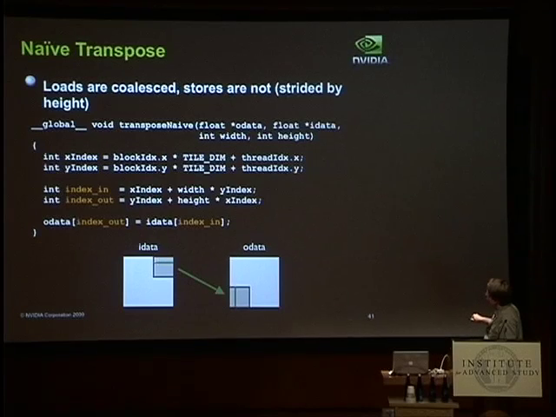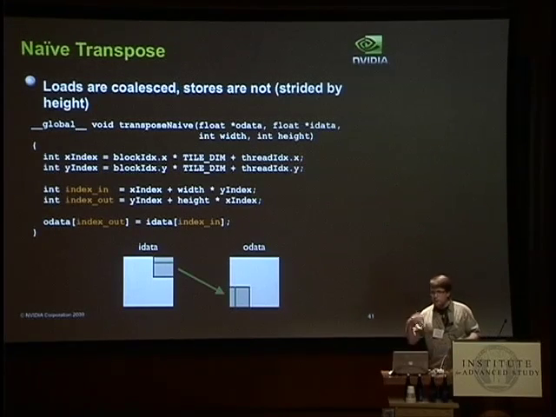So these are in row order, and so it's a coalesced read. But when it writes it out, it's striding by 4 in the example I said, if it's a 4x4 tile. But it's striding by the width, whatever the width of this tile is. Okay? So that's going to give you bank conflicts.